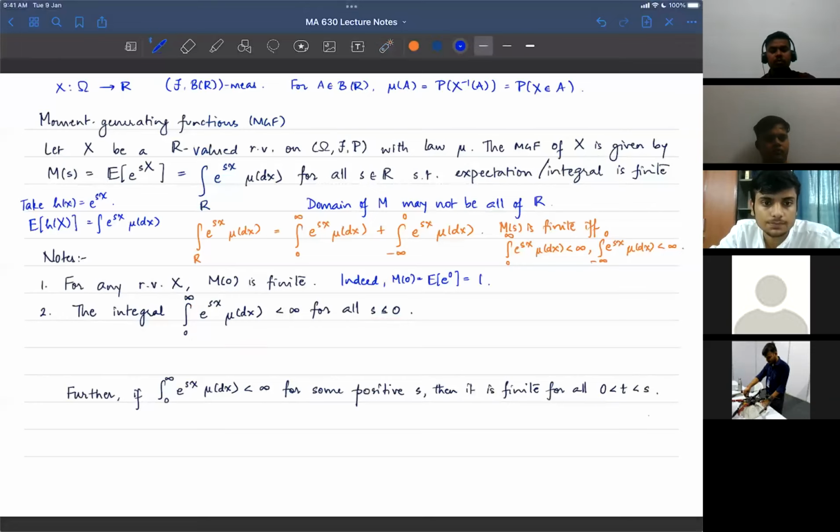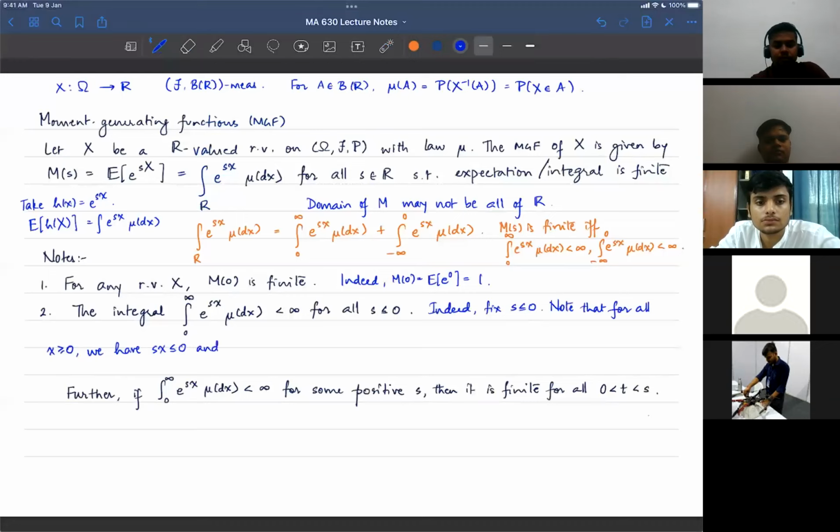Why is that? Because sx is going to be negative. Let me note that for all x greater than or equal to 0, we have sx less than or equal to 0, and so e to the sx is less than or equal to 1.